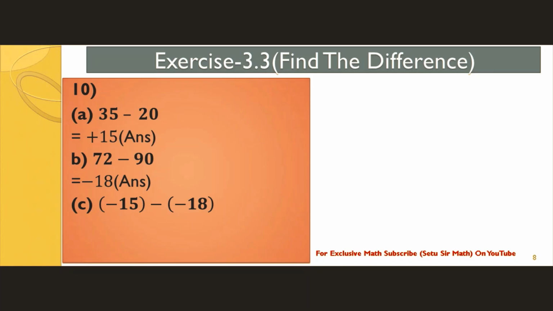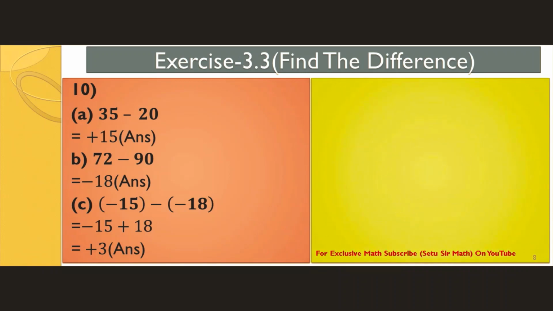So number C question, -15 minus -18. This is the -15 and minus, that would be plus 18. So plus and minus, that would be minus. We have to subtract 15 from 18. So we will get plus 3. Why is it plus? Because the bigger number's sign is plus in here.